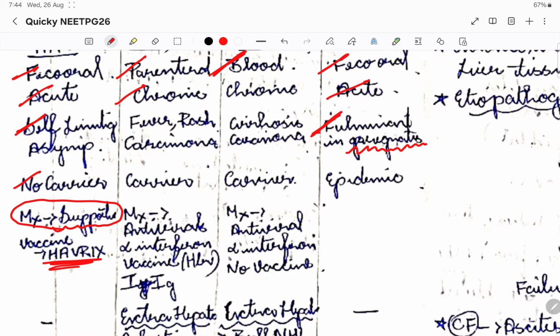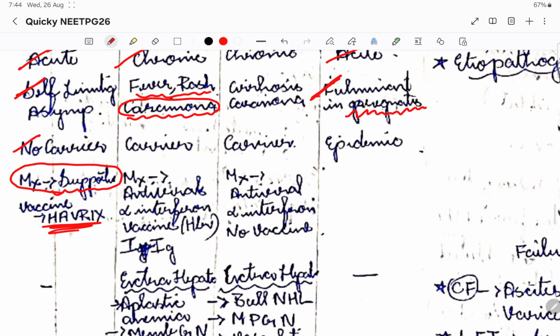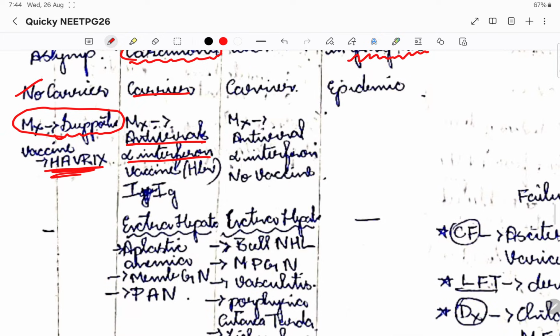The symptoms will be fever, rash, and it might lead to hepatocellular carcinoma. There will be carriers, and management is antivirals, alpha interferons. There is a vaccine for hepatitis B, which we give in the national immunization schedule. Immunoglobulins, IgG, can also be used to treat them.